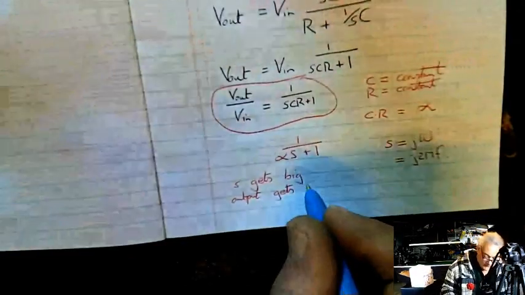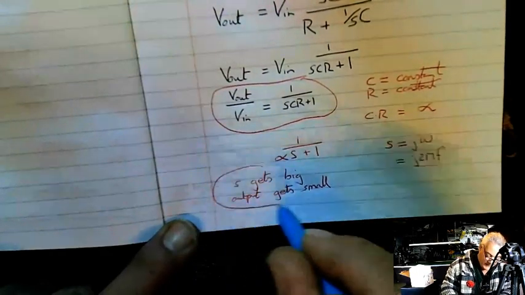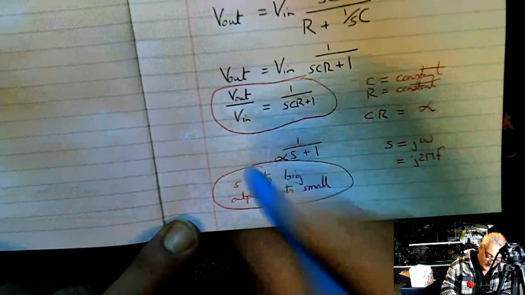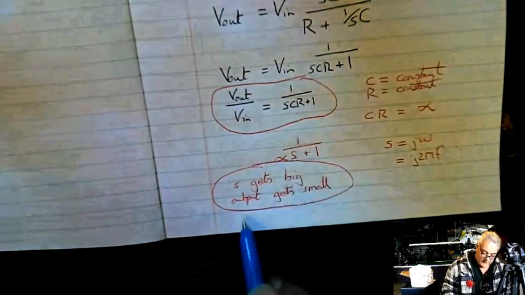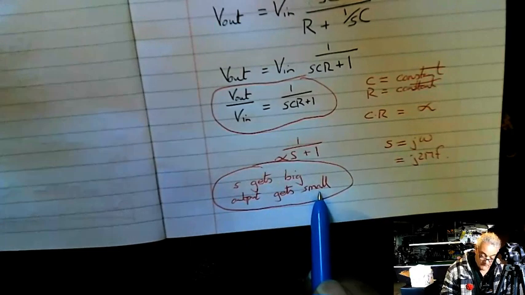So as s gets big, the output gets small.